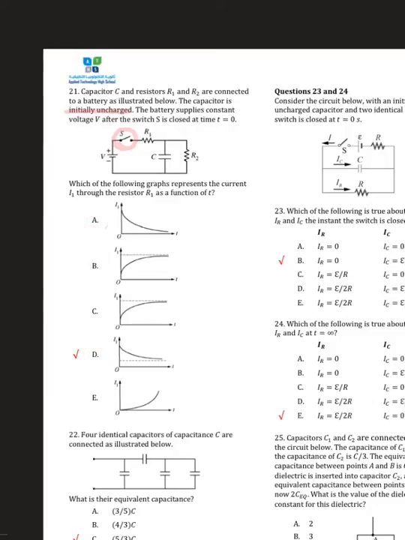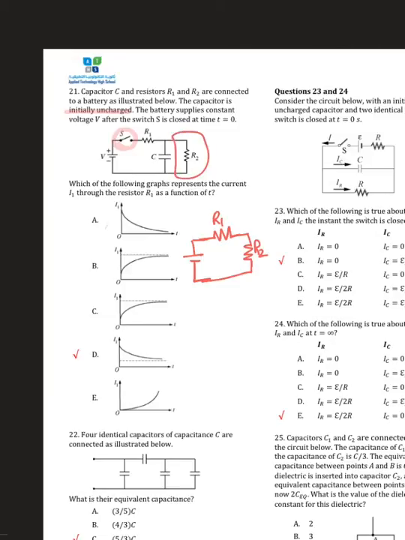Let's see why. For that, we need to redraw the circuit and see how it would look. So you have got a battery, you have got the resistor. So imagine when the capacitor is fully charged, you are going to have another branch for the current to flow, unlike the case when R2 is not present.